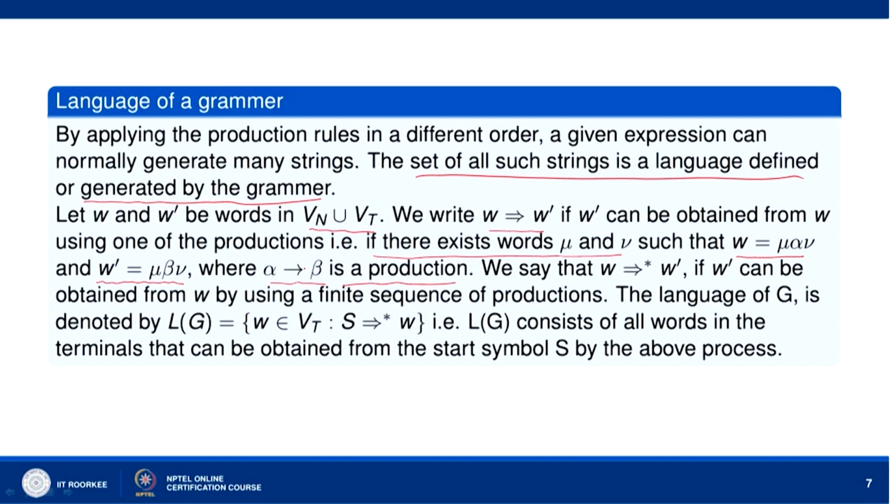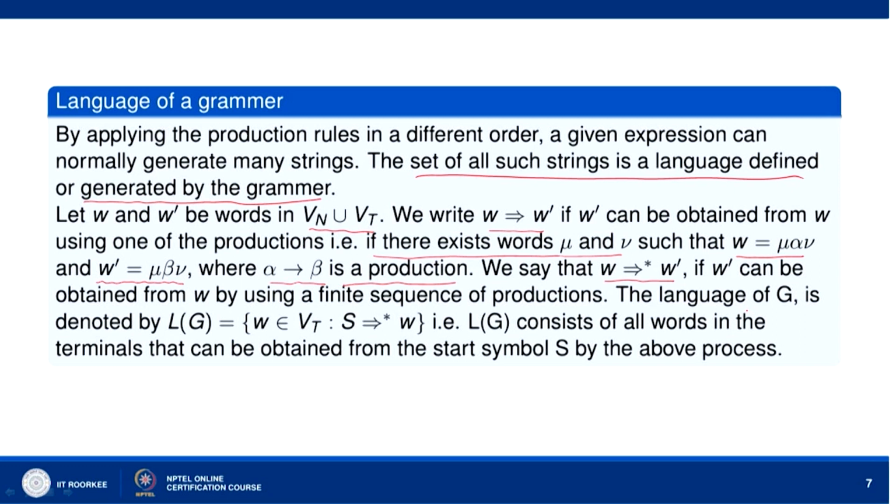Now, we also say that W goes to star W dash if W dash can be obtained from W using a finite sequence of productions. So, using a finite sequence of productions, if W goes to W dash, then we write it by the notation W goes to star W dash.